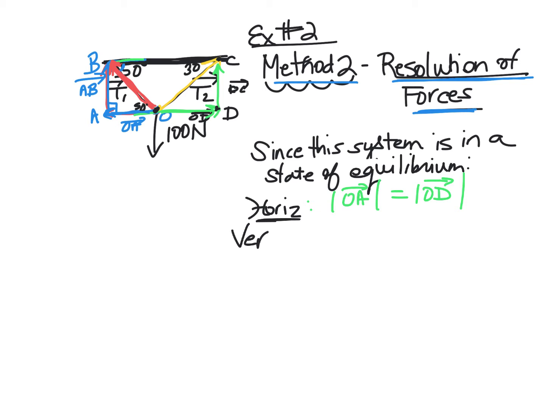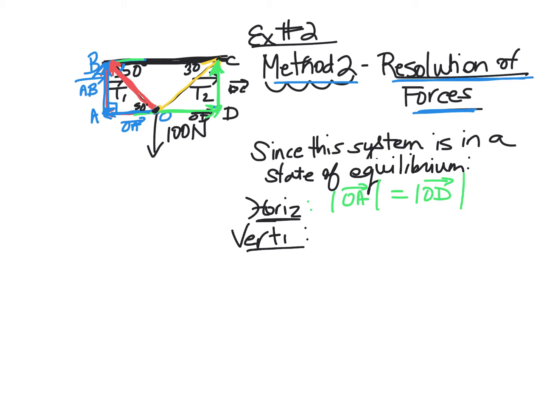Similarly, vertically, if I'm also in equilibrium, it means that the forces acting upwards and the forces acting downwards must be equal to each other. So what are the forces acting upwards? I have this AB force pulling upwards, and this DC force pulling upwards. And what force do I have pulling downwards?